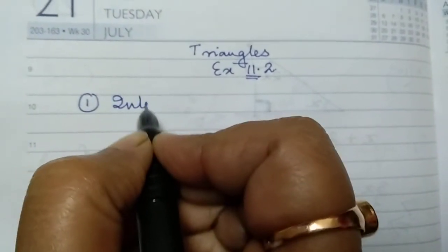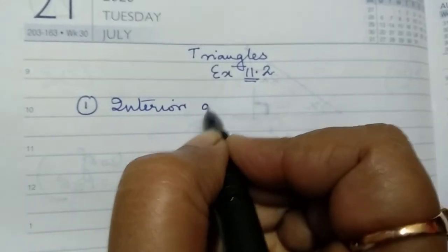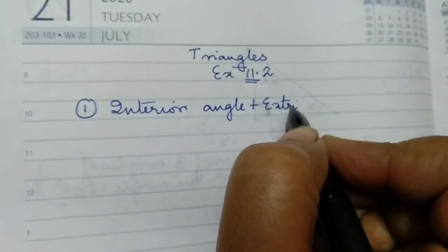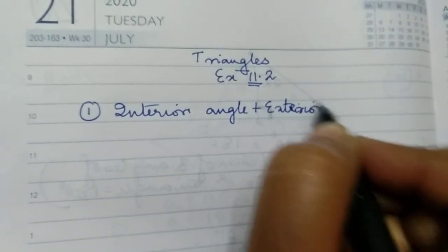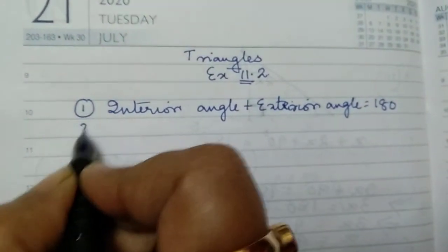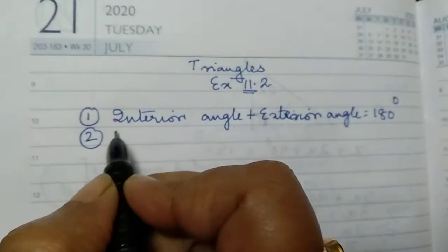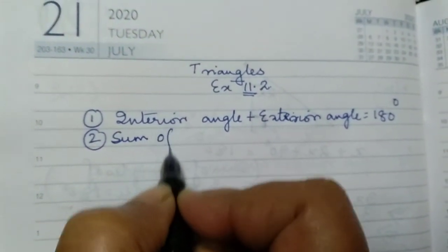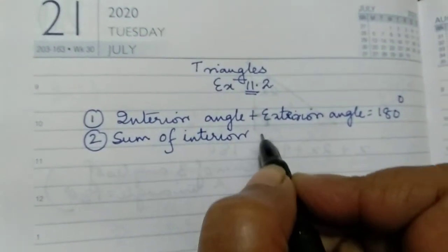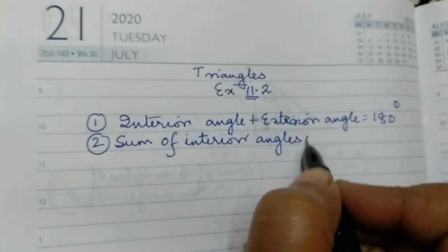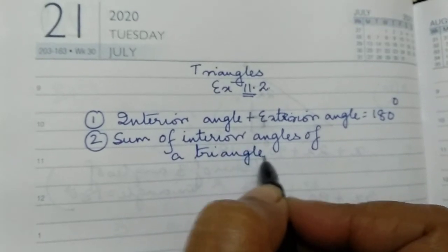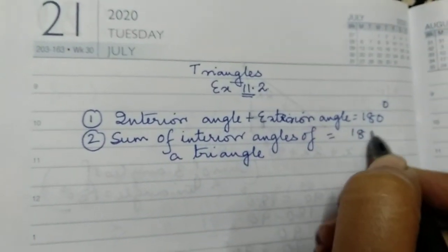The first property is interior angle of a triangle plus exterior angle is equal to 180 degree. Please write it down. Second, sum of interior angles of a triangle is equal to 180 degree.